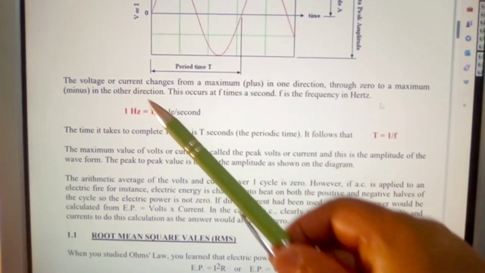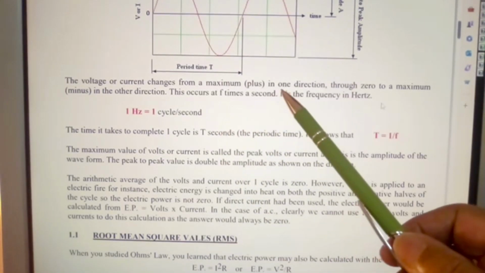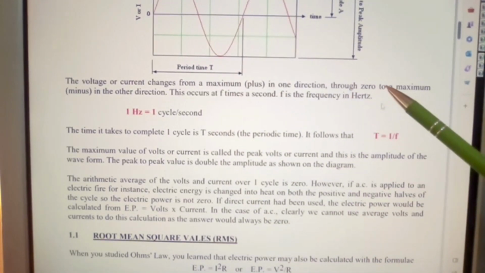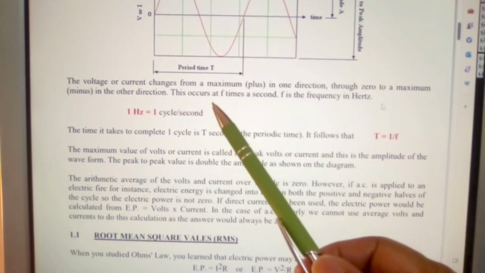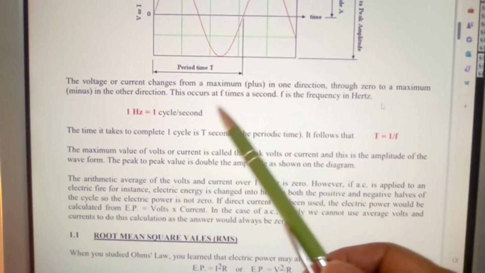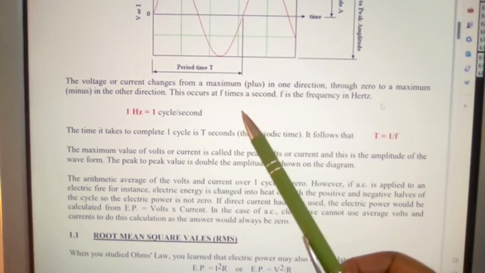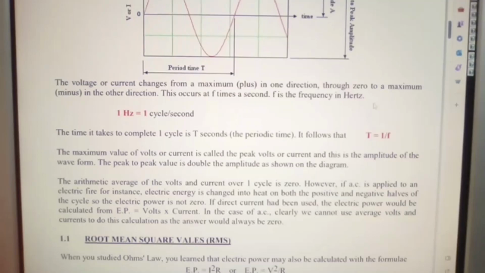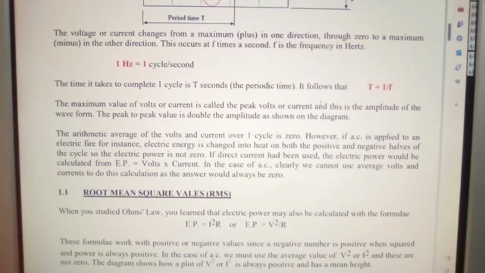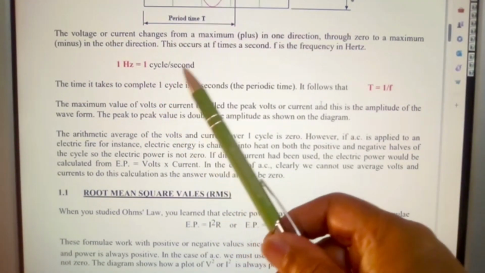Okay, the voltage or current changes from a maximum plus in one direction through 0 to a maximum minus in the other direction. This occurs f times a second. F is the frequency in hertz. Okay, 1 hertz equals 1 cycle per second.